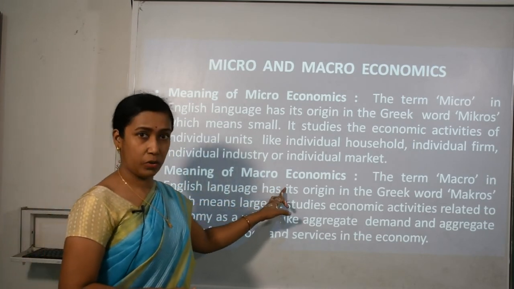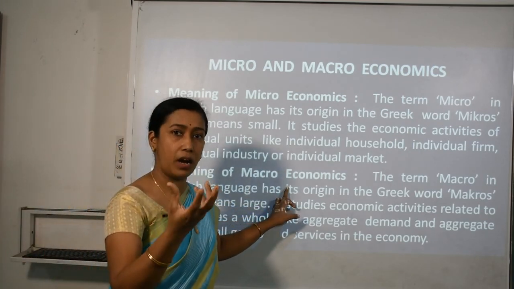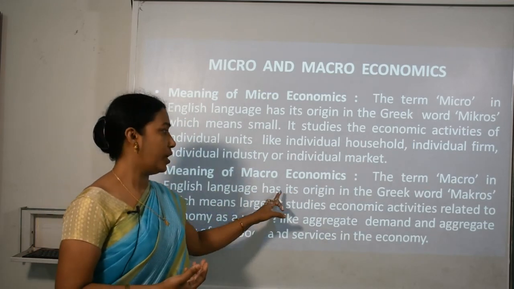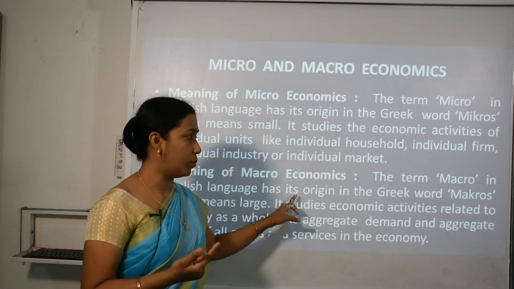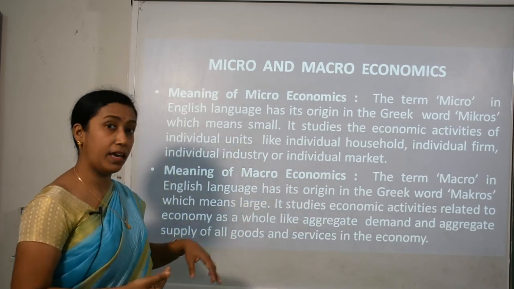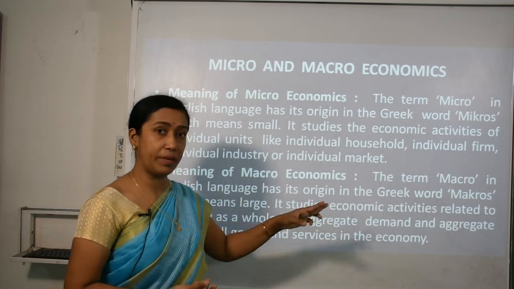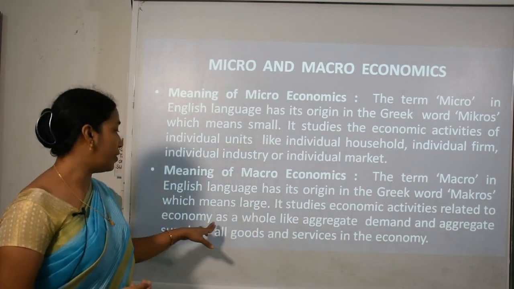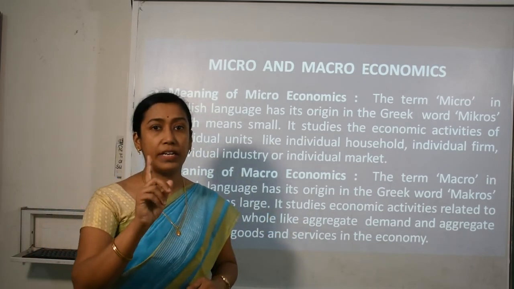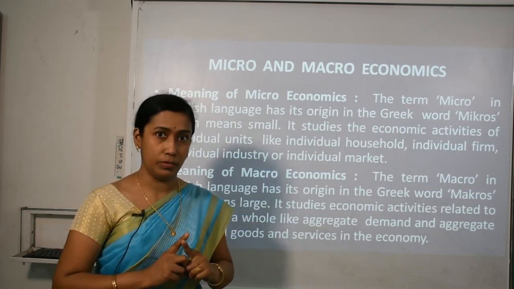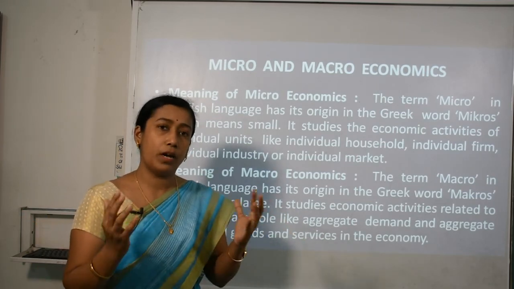Now the meaning of macroeconomics. Macro, of course, means large, bigger than that. The term macro in the English language has its origin in the Greek word makros, M-A-K-R-O-S, which means large. It studies economic activities related to the economy as a whole. It is not studying individual units; it is studying the economy as a whole, a larger portion, a larger population.